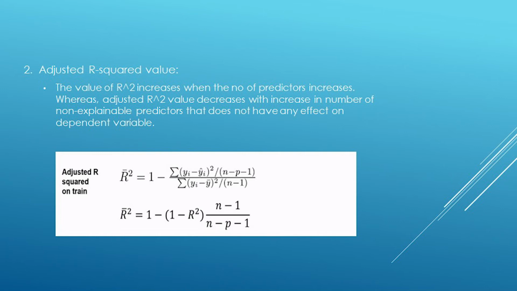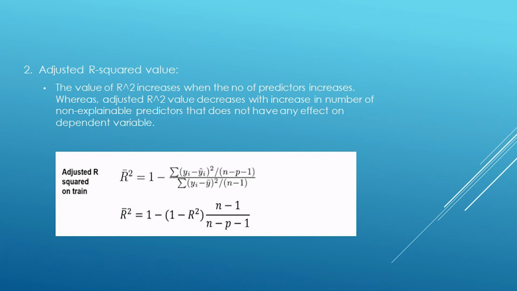So in short, normally if the number of predictors increases, the R square value increases. In that case, if the increase in R square value does not let the adjusted value increase, then it means that there are some predictors which do not have a linear relationship with the dependent variable.